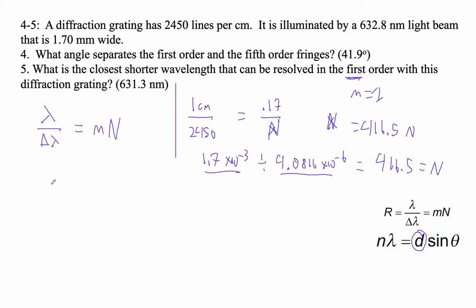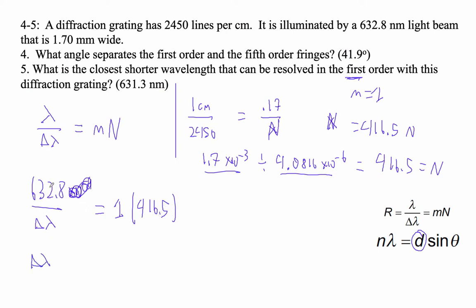Okay, so now we're ready to rock and roll. Our wavelength is 632.8 times 10 to the minus 9th meters. Actually, I'm just going to leave it like that, divided by delta wavelength is equal to 1 times 416.5. Now I can figure out my difference in wavelength.